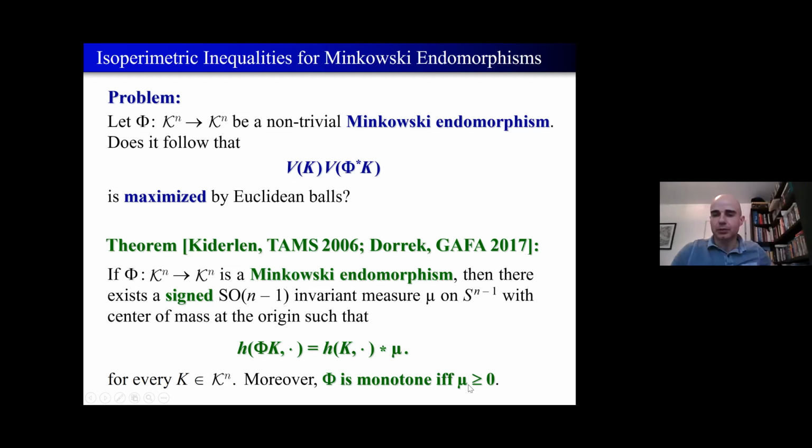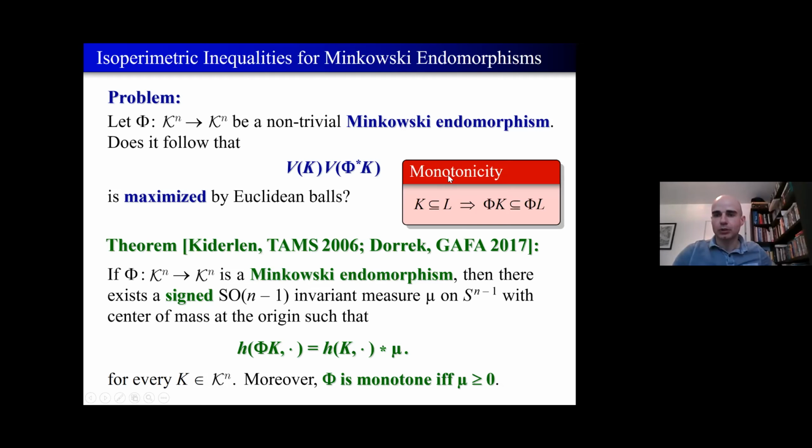And monotonicity means just monotonicity with respect to set inclusion, so what you would expect: K in L implies phi K is in phi L. So monotone Minkowski endomorphisms are very well understood. They are all of this form, coming from convolution on the sphere with a non-negative measure.